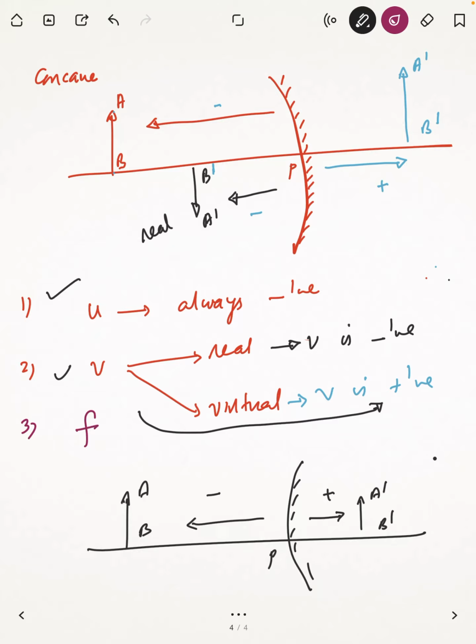Object is on left side. The principal focus will be here. It is a point on principal axis. It is on left side. So distance measured from P to F is toward left side. It is taken as negative. So F is negative if it is a concave mirror.